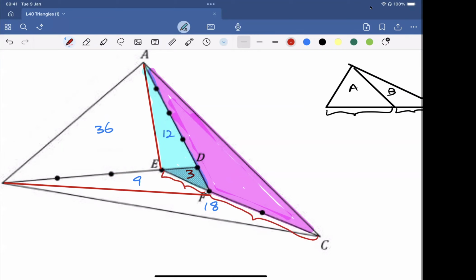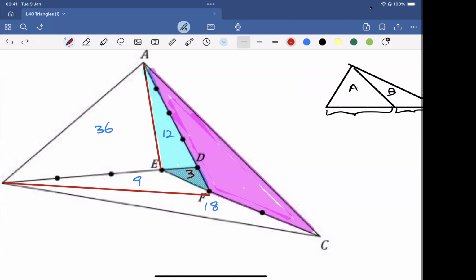Yes. So if these two are the bases, where's the height? 90 degrees to the base. Do they have the same height? Yes, they do.